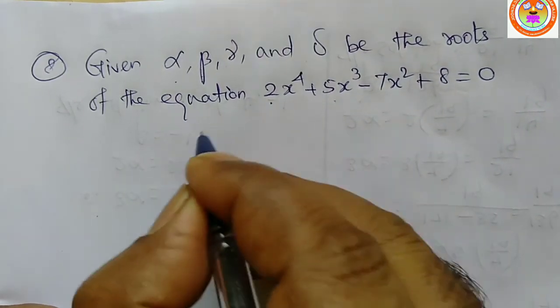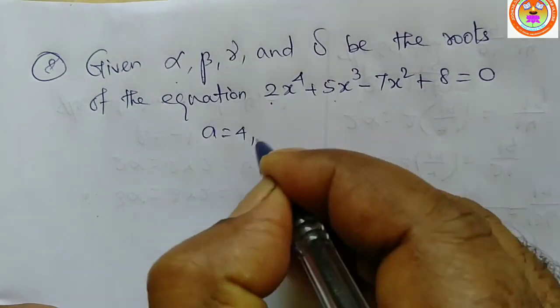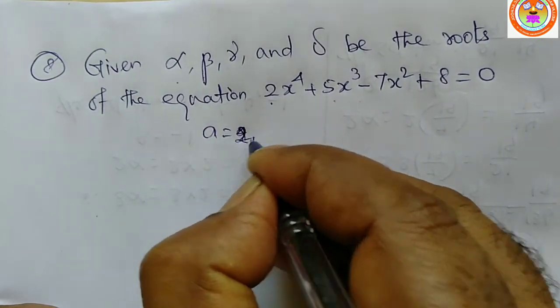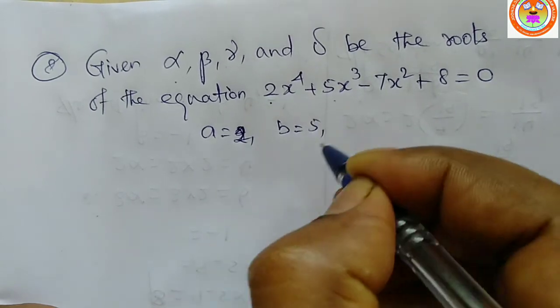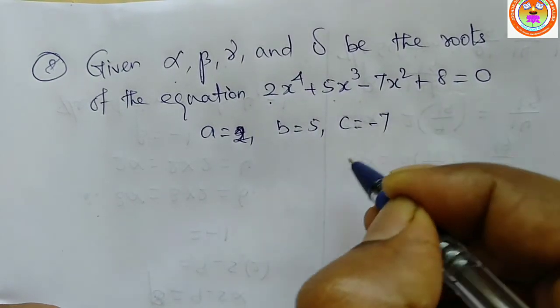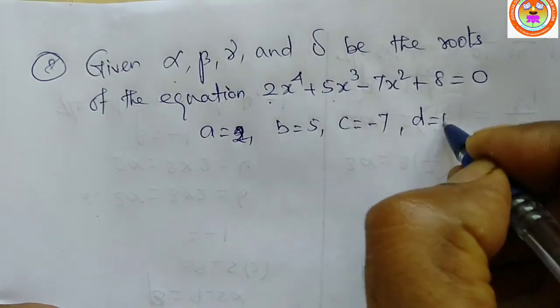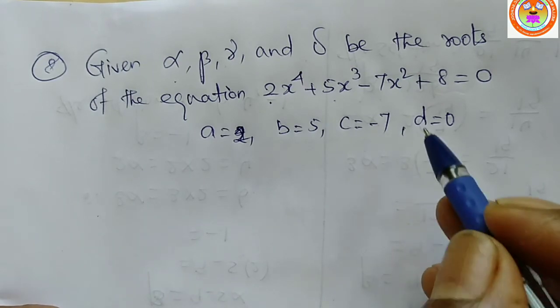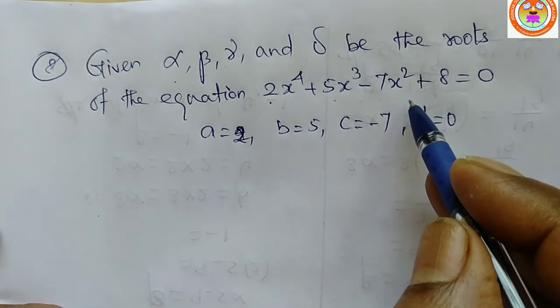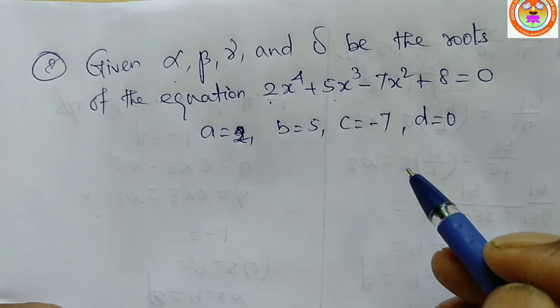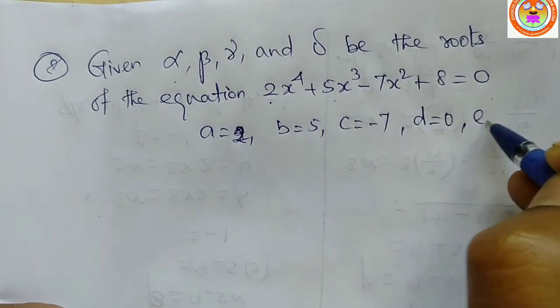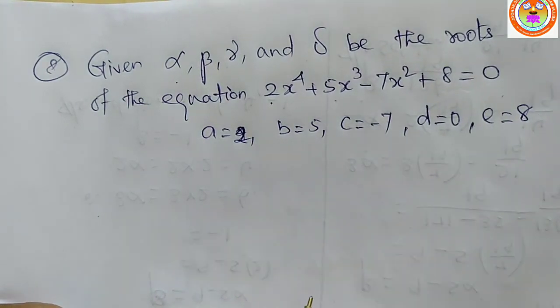So here a is equal to 2, b is equal to 5, c is equal to minus 7, d is 0. The reason is there is no x term. d means the coefficient of x, and e is equal to 8.